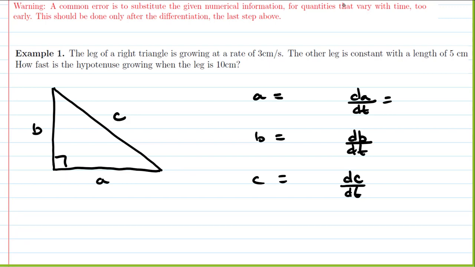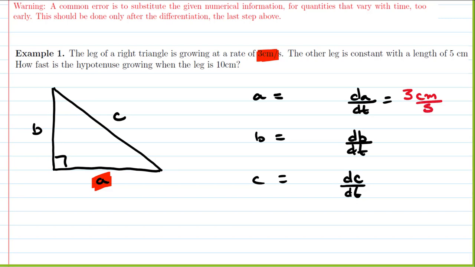So we know that the leg of a right triangle is growing at a rate of 3 centimeters per second. And it's either one of the legs. I'm going to pick it to be A. If you made that leg B, you're going to get the same thing. So we have a rate. So the rate tells us that that is going to be the derivative. And it's growing at a rate of 3 centimeters per second.